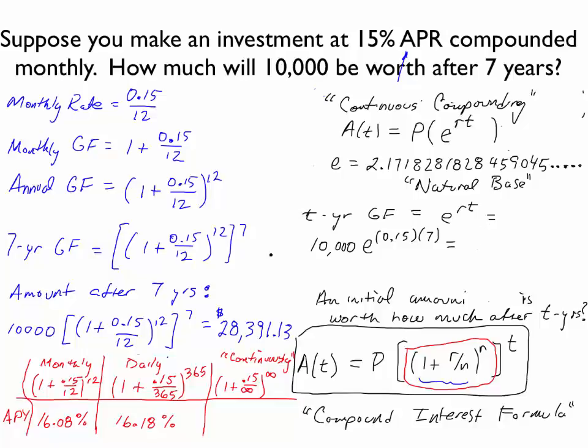And this will be our A of 7. So 10,000 e to the 0.15 times 7. Anybody got it? I've got it here. If you do that, and everyone do that, so make sure you're putting this in your calculator right, you should get 28,576 and 51 cents.